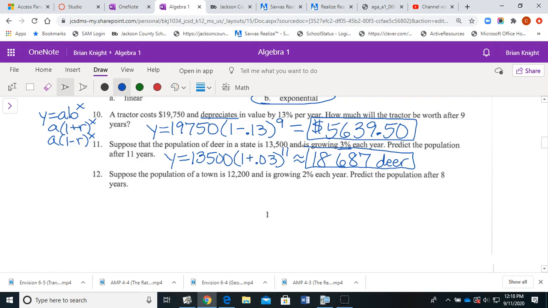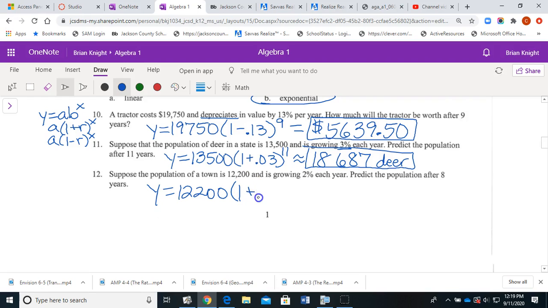Here, suppose the population of a town is growing 2% each year. Predict the population after 8 years. Please understand, these are all the same problem. We're interchanging deer with people. Instead of growing 3%, they're growing 2% this time. But it's the same thing. So y equals 12,200 times 1... Are we growing or decaying?